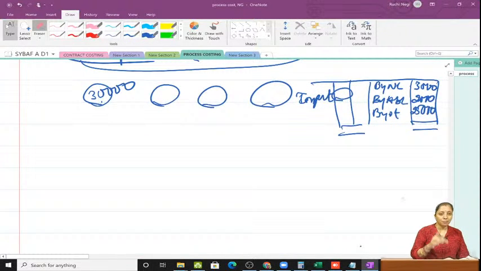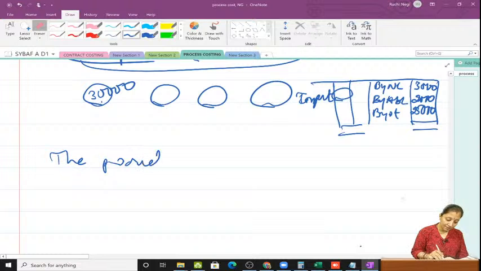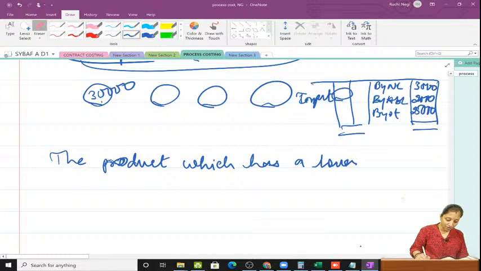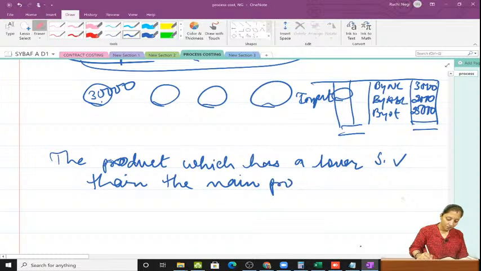So when I was doing process costing with you, I had also told you about a by-product. I had discussed that once. Okay, so based on that I ask you a question. The product, I had said this when I was doing with you all, I had explained this one concept. We had talked about joint products and a by-product. So the product which has a lower sales value than the main product is a dash.